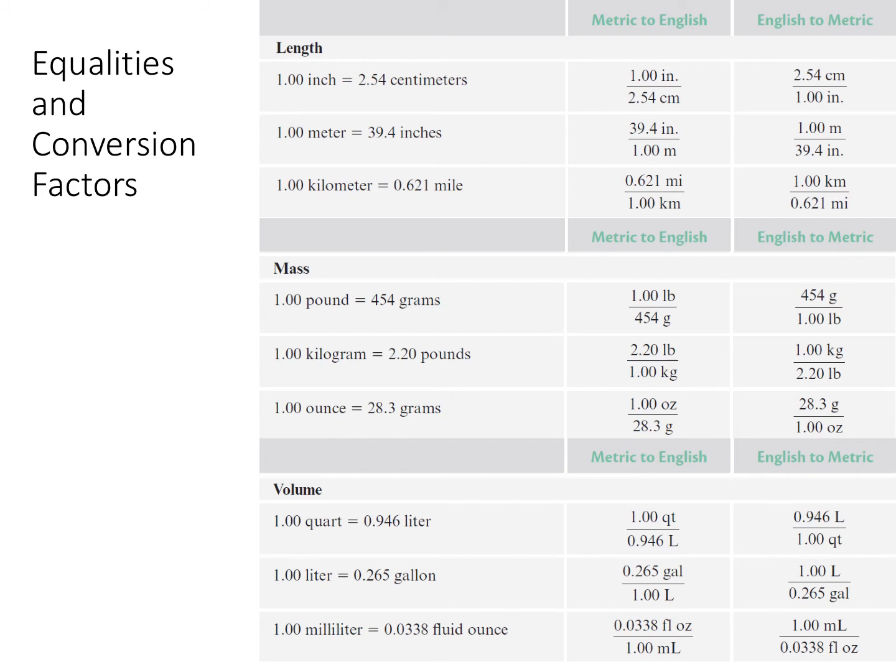So 1 inch equals 2.54 centimeters, or 1 meter equals 39.4 inches. Then you have your two options for conversion factors, where you have either inches on top and centimeters on the bottom, or centimeters on top and inches on the bottom. Again, which one you use depends on what unit you're starting with versus what unit you are converting to.